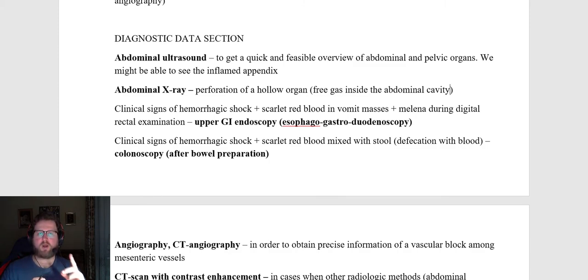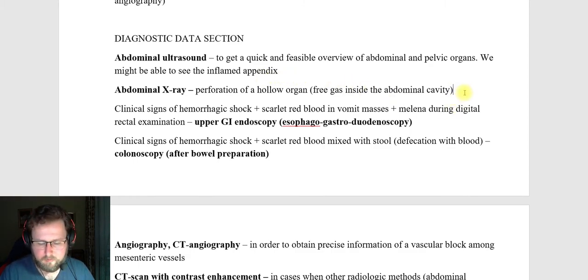That is one very valuable and very easy to spot diagnostic sign, which will give you the opportunity to switch to surgery, because perforation of a hollow organ is definitely an indication to perform surgery.